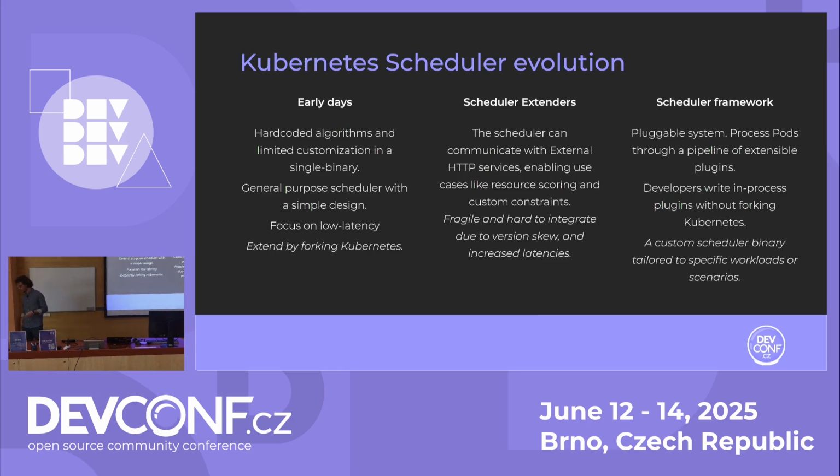This approach today is considered quite fragile. It's hard to integrate due to version skew. It also relies on asynchronous communication between a core component and an external service, for which we might not have enough guarantees when managing the control planes.